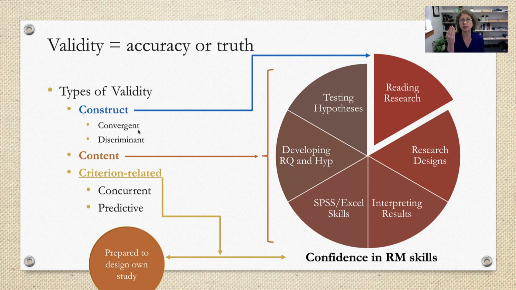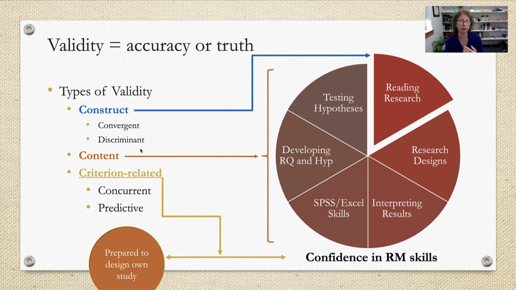Convergent means, is it the same? Does it converge with other things that it should be related to? Like reading research, I would expect that to be related to reading skills, right? If someone reads well, I'm expecting them to also read research well. So I would expect those two to converge and be highly related.